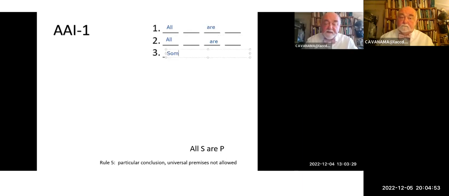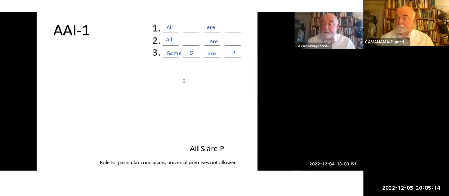Notice that this one is superficially similar to the Barber syllogism in that it has two A's and a figure one, but it doesn't have three A's. It has one particular proposition in the conclusion, and two universal propositions in the premises. And that's going to make a difference.